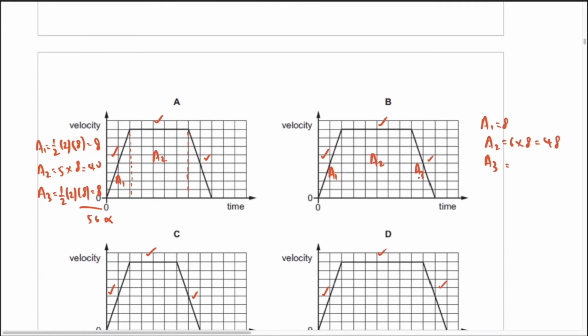It's area 3, same with part A. So 1 over 2, 2 times 8, 8. So this is 64. Okay, so this is the answer. So you have to choose the answer with the same distance, same area under the graph. As the question said, it is between two same stations. So we have to choose the one which is in that way. Okay.